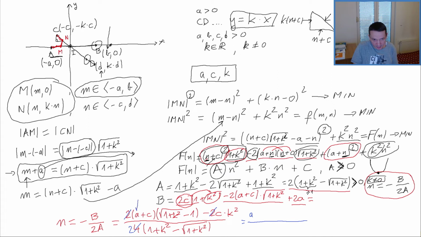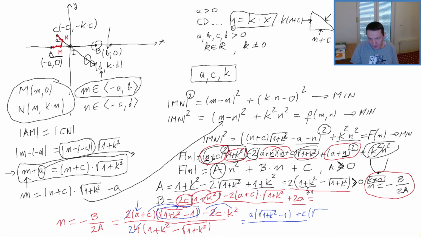A is here, so I multiply a with this bracket here, so with square root of 1 plus k squared minus 1, and I multiply c also with this bracket, but also with minus k squared in this last term.